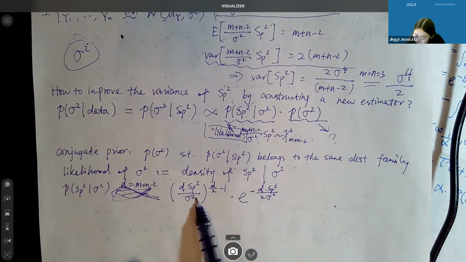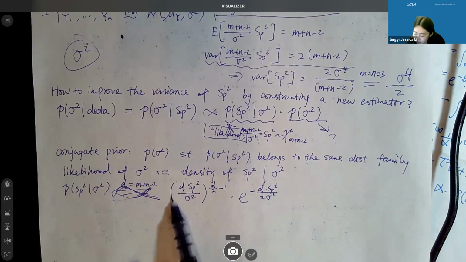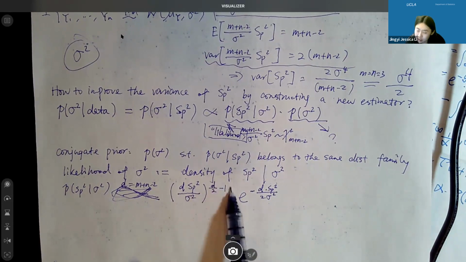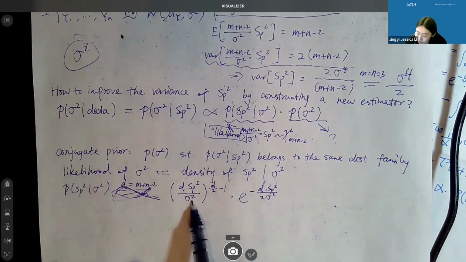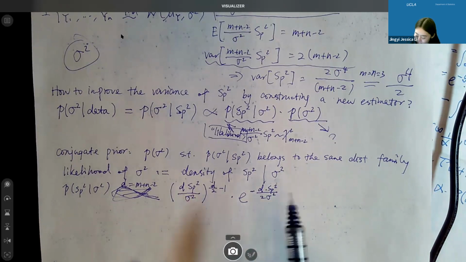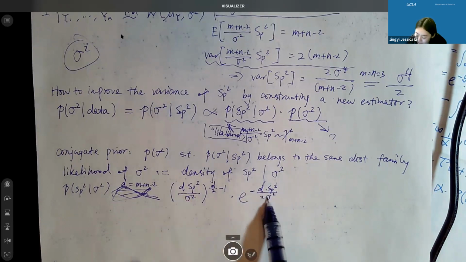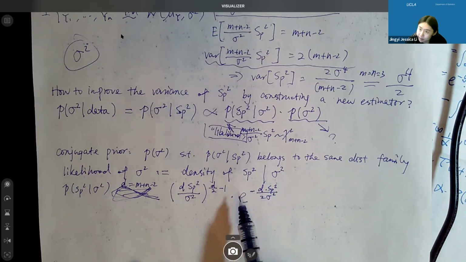So here, in the likelihood, sigma square appears in a power, right? This is sigma to the negative 2 times this term. That's the power term of sigma square. And here sigma square is in the denominator of some exponential function.